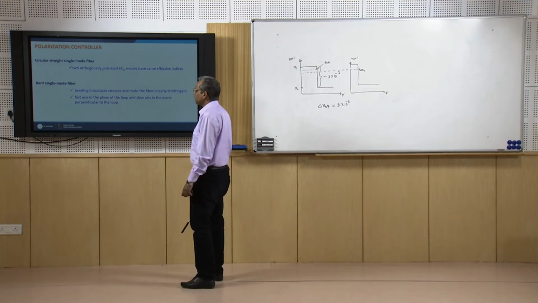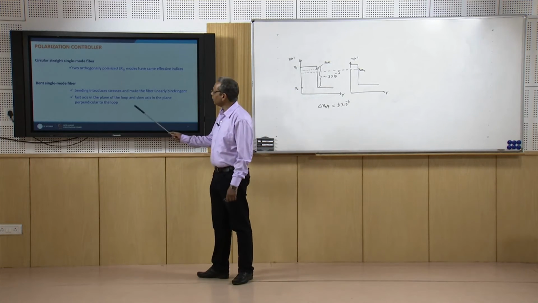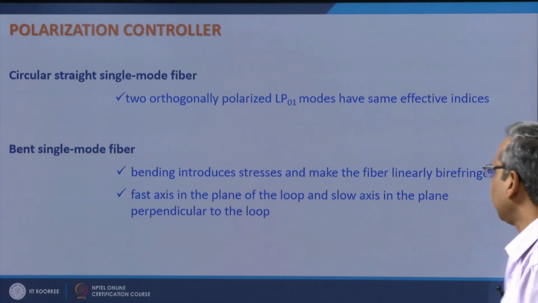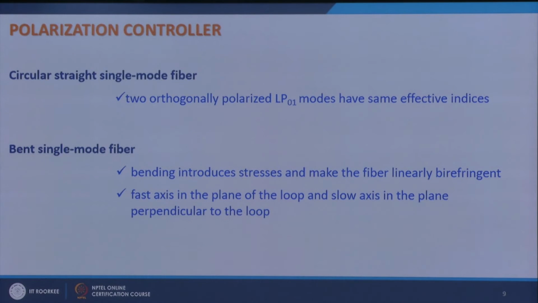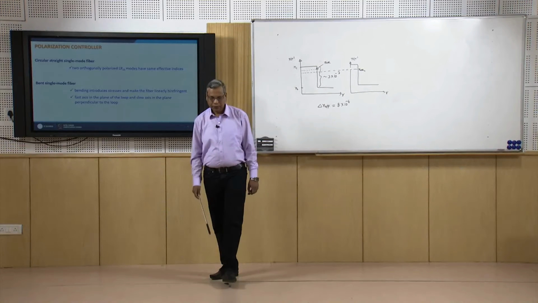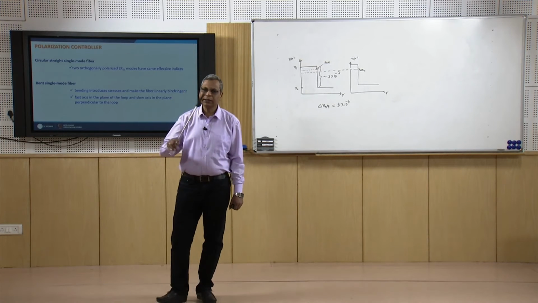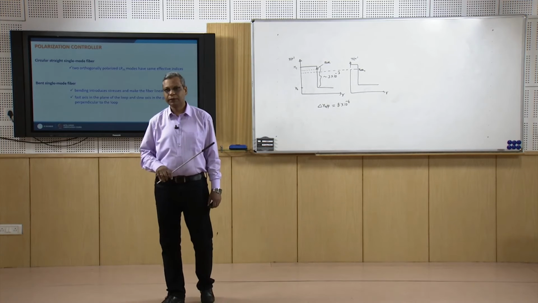But if I bend this fiber, then bending introduces stresses in the fiber, and this makes the fiber linearly birefringent, which means that now this polarization will travel with a different velocity and this polarization will travel with a different velocity.